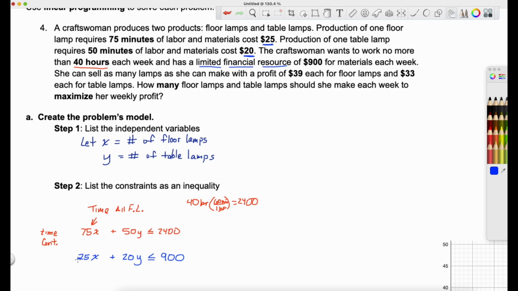Okay, so this is our cost constraint, our limiting constraint for our financial resources.